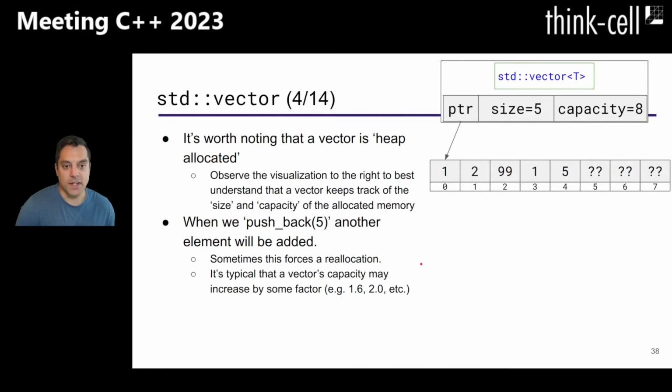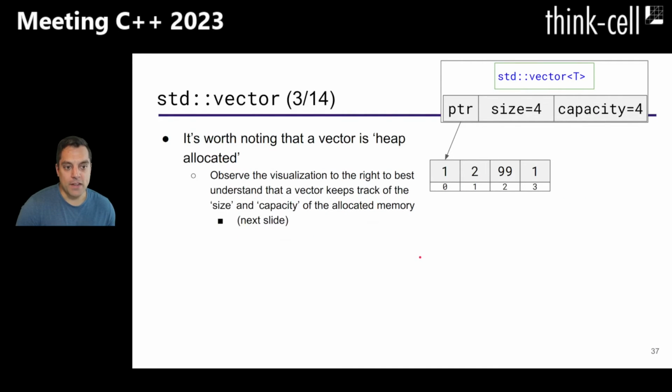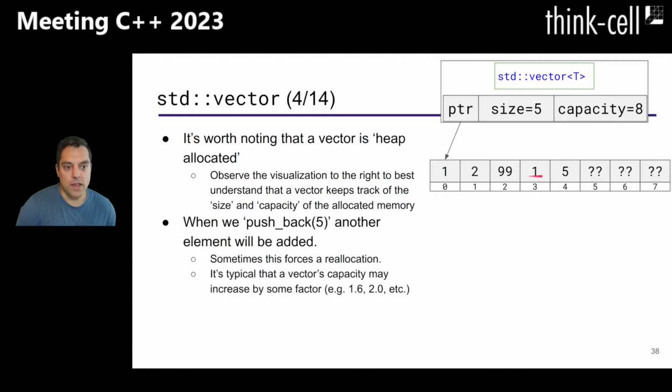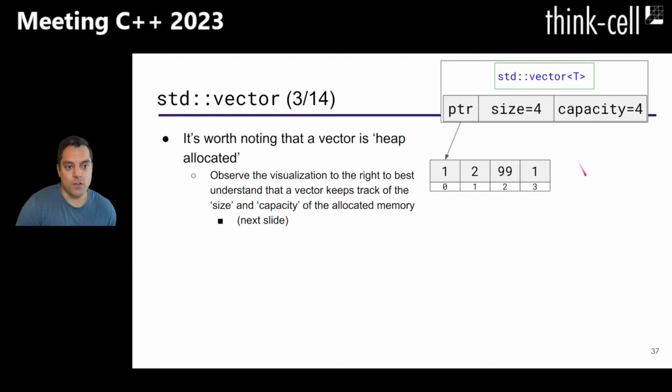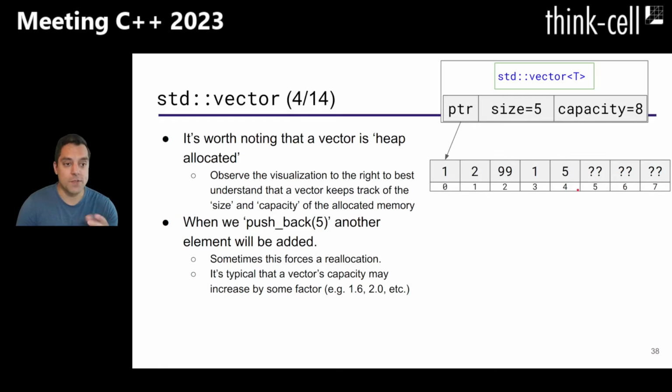Let's be clear: if I rewind for a second, I have 1, 2, 99, 1, and then I'm going to push back 5, which adds to the end, because again, I said that this data structure could resize. Now, interestingly, if we flip back and forth between these slides, you'll notice my vector has grown quite a bit, more than just pushing back the one integer 5.